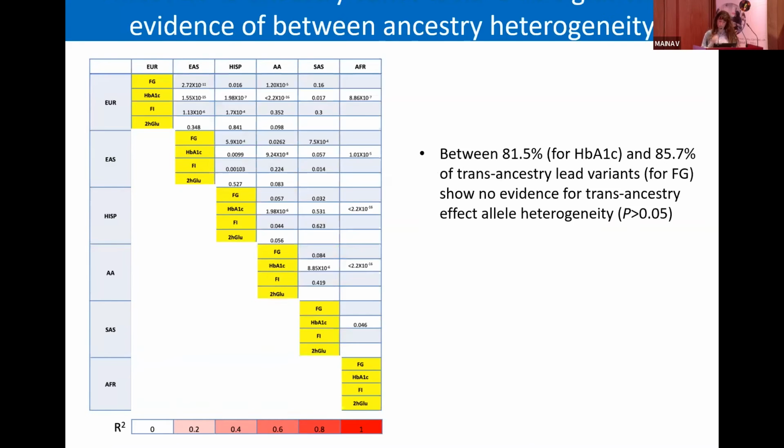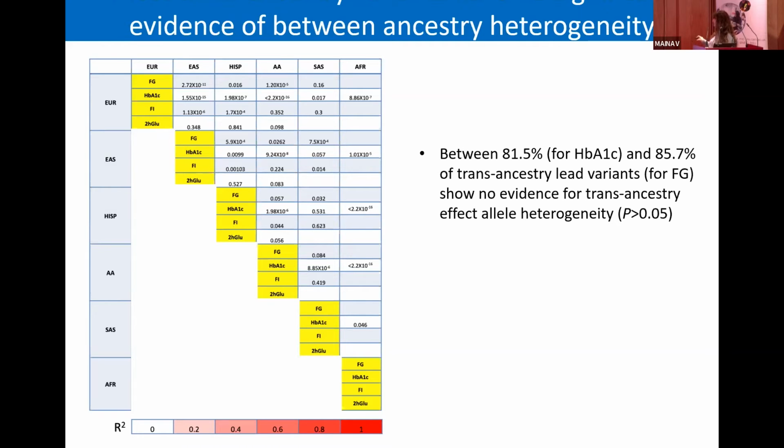But then the more interesting question perhaps was, given that the locus is shared, how much evidence do we have for allelic heterogeneity, or heterogeneity of the effect allele, I should say. I don't expect you to see the numbers here, but again, I'm comparing between the different ancestries and the different traits whether collectively the loci have evidence for effect allele heterogeneity.